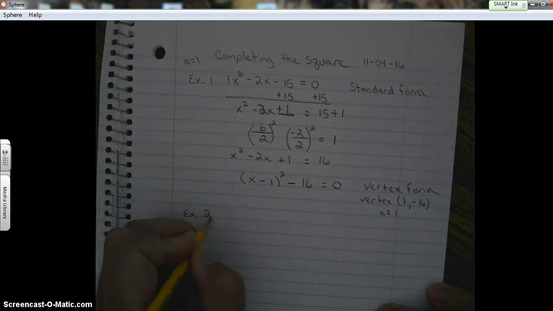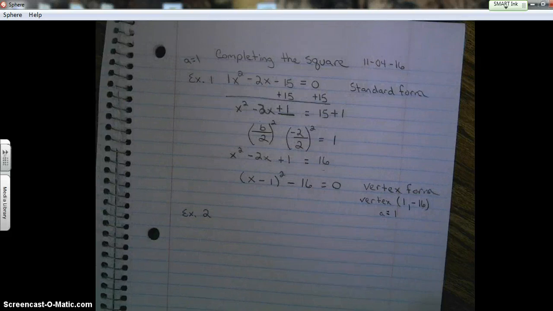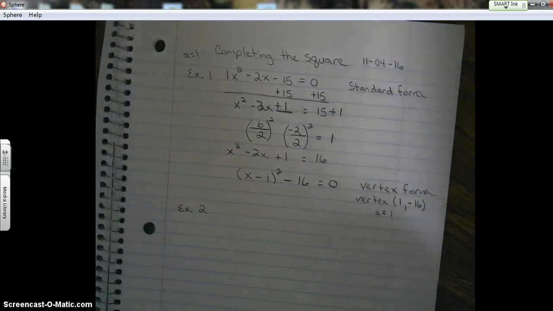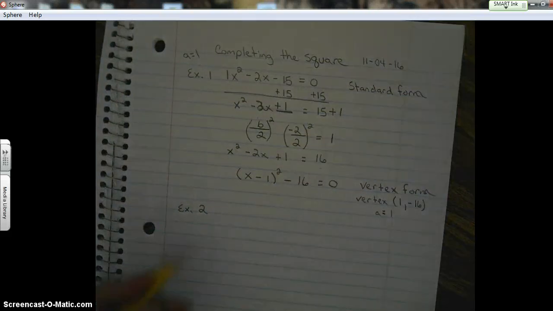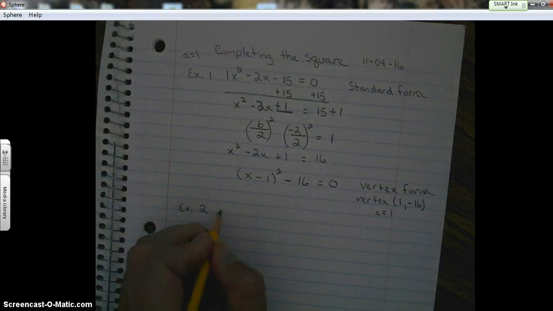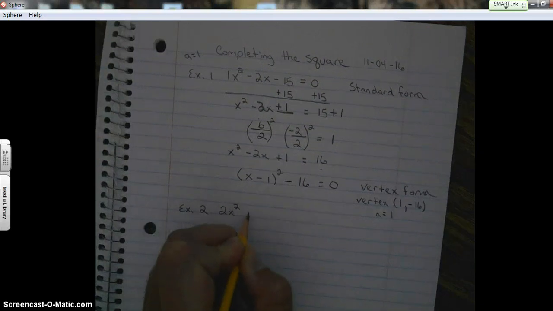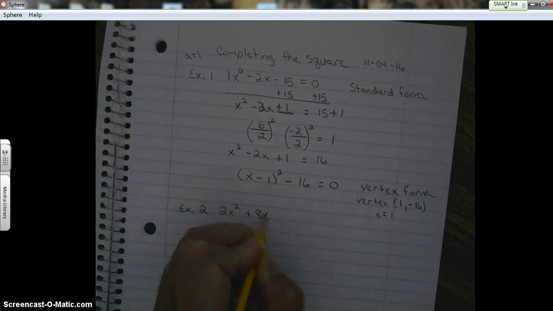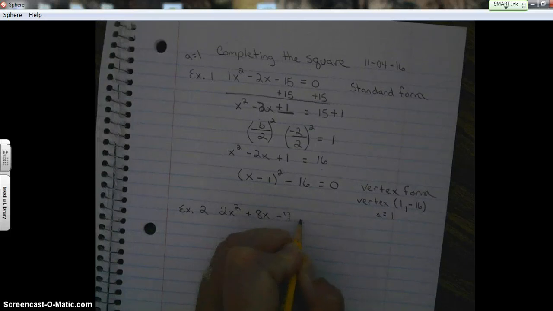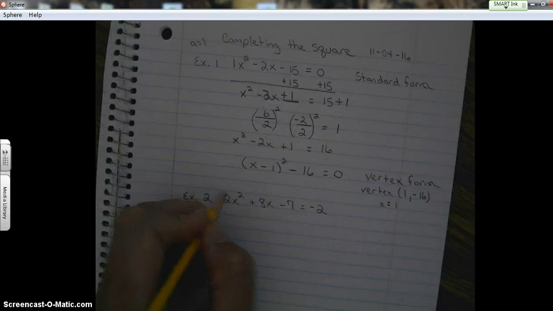Example 2. Okay, this time we're going to have an a value that is not equal to 1. So let's use an a value of 2. Okay, so here the a value does not equal 1.